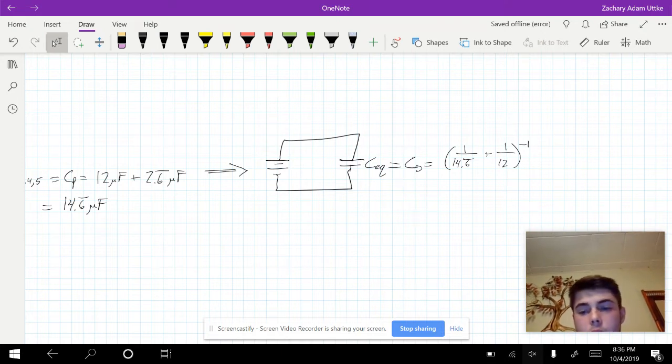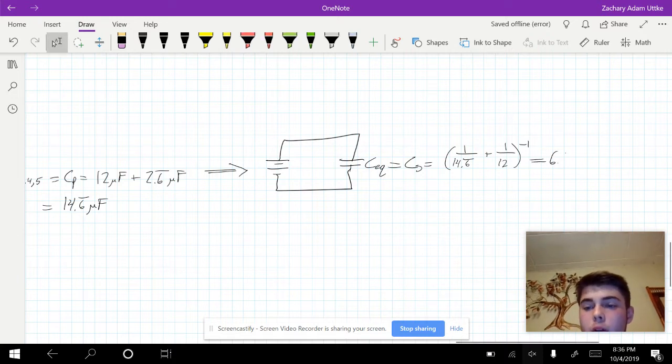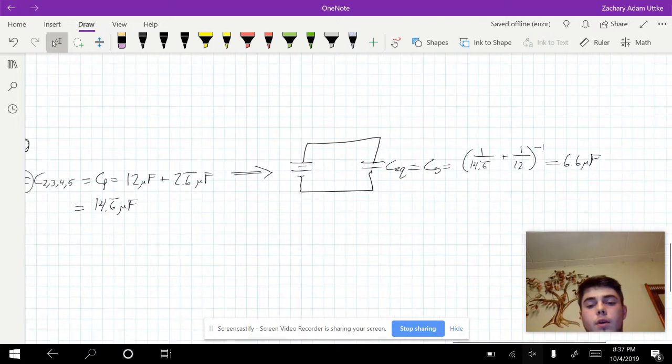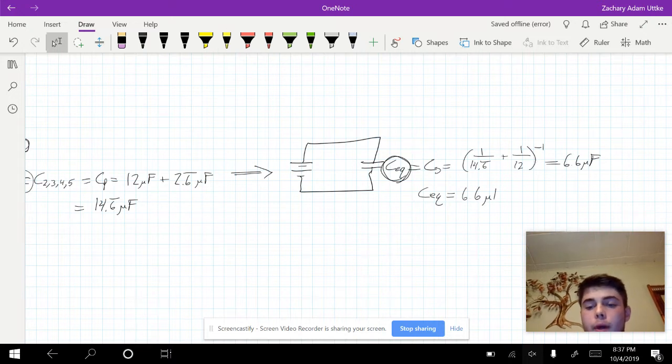We get 6.6 microfarads. Okay, so finally we know CEQ. CEQ equals 6.6 microfarads.